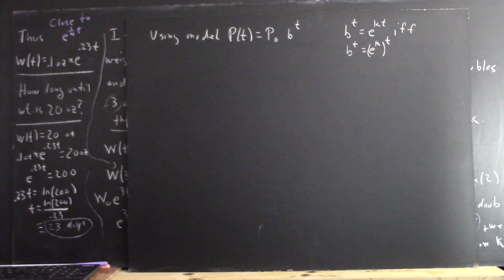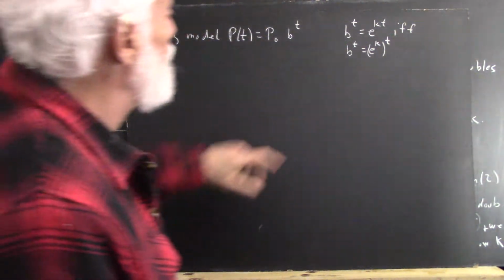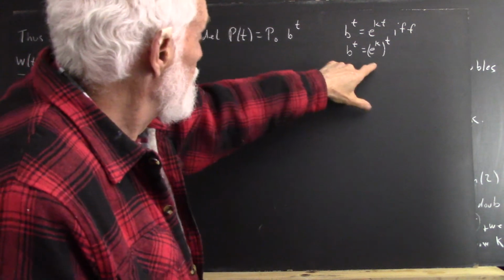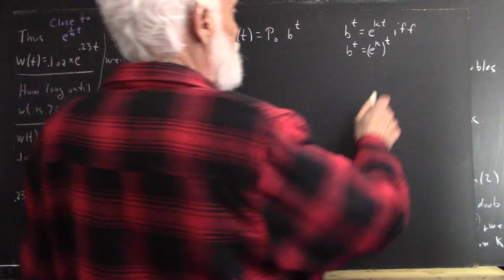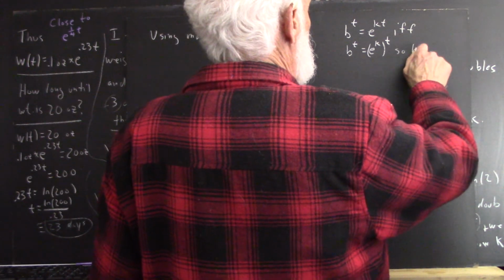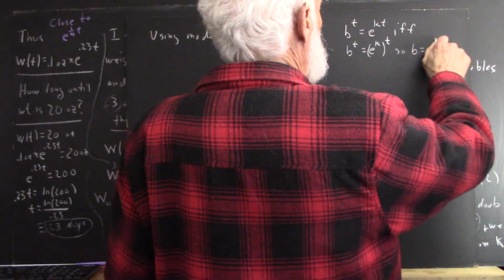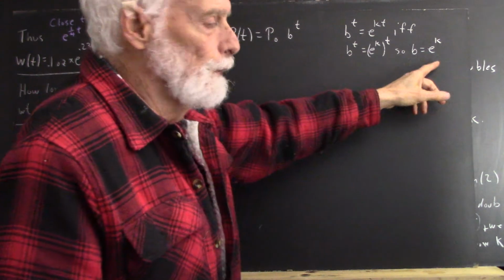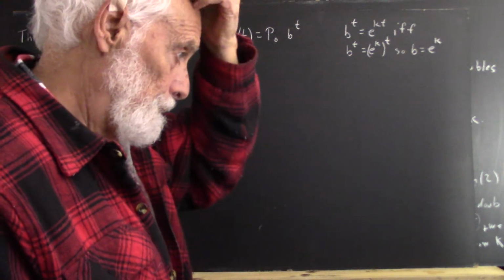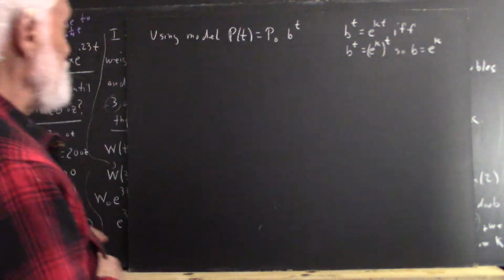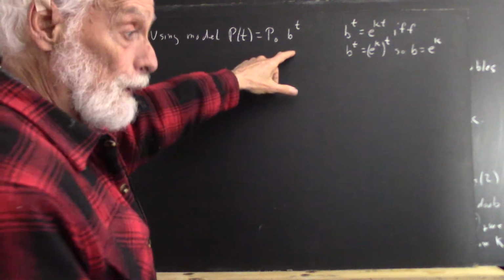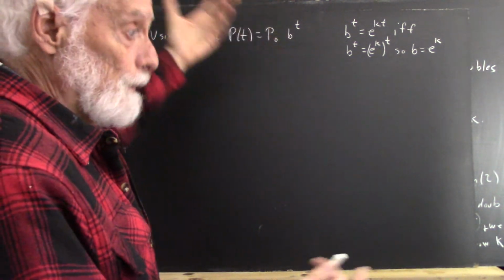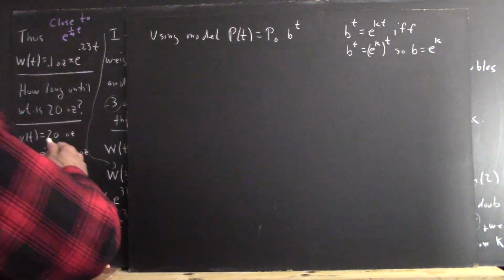And let me switch back here so I can see you okay. So the connection between the two models is that b equals e to the k. So there's a connection.